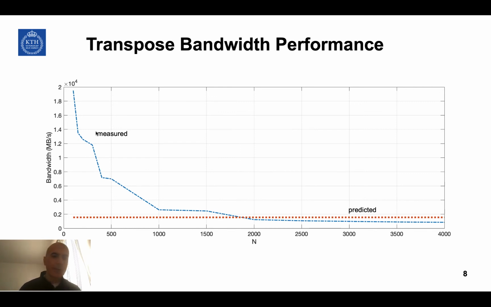Then I plot the bandwidth as a function of n. In blue we have the bandwidth that I measured using the simple code in C, and in red we have the prediction of the performance when the transpose cannot use the cache.